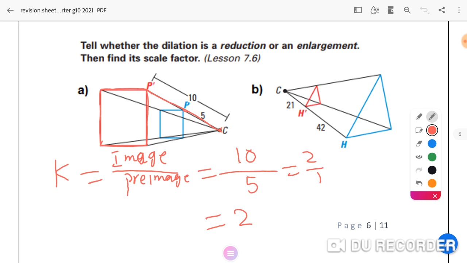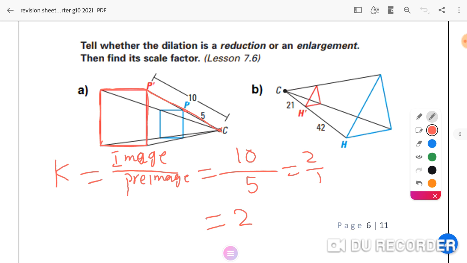And since we have the scale factor is greater than 1, so the dilation is an enlargement. And simply you can figure it out from the figure. The shape in blue has become larger and has become the image which is greater than the original shape. So here we have an enlargement, and the scale factor equals 2.